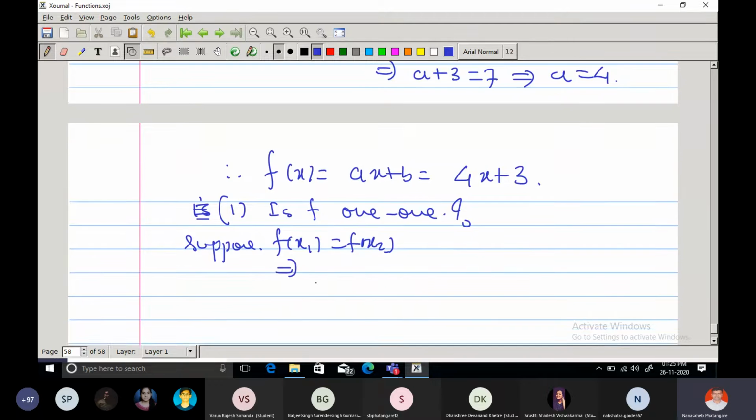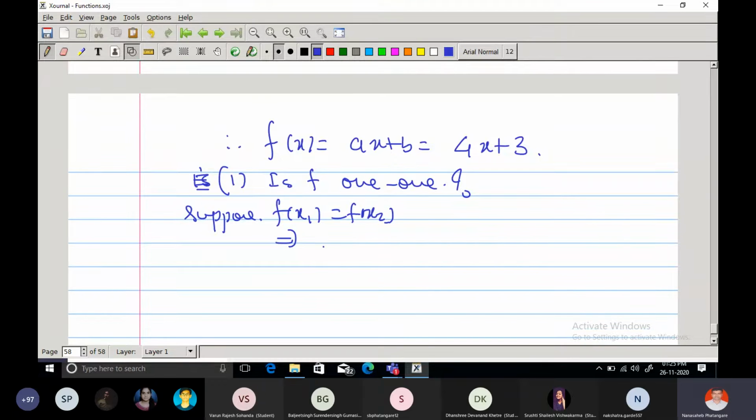So that means 4x1 plus 3 is equal to 4x2 plus 3. Right, because f of x1 is 4x1 plus 3, f of x2 is 4x2 plus 3. And equal means these two things are equal. So 3 cancels, 4 cancels. That means if images are equal, pre-images are also equal. That means if pre-images are distinct, then images are distinct. Therefore f is 1-1.